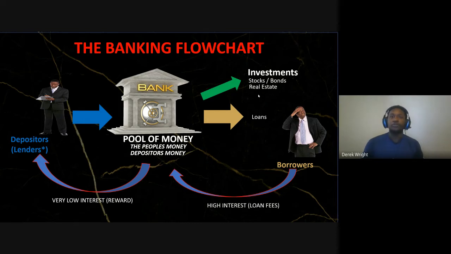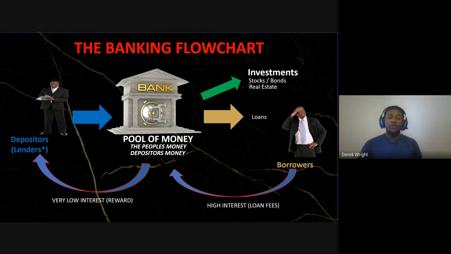If your CD account earns 2% a year and you put $1 million in there, then yeah, that's going to be pretty nice. So you definitely want to make sure that if we're putting our money into any type of vehicle, we're getting a return.